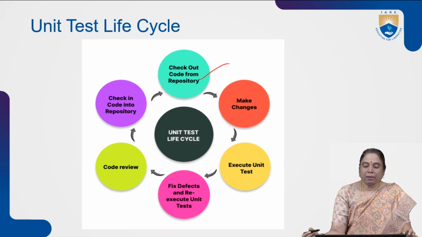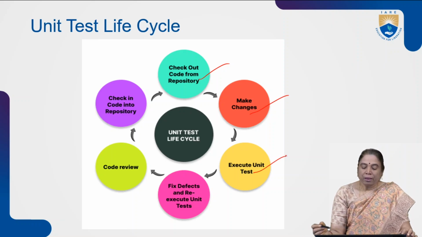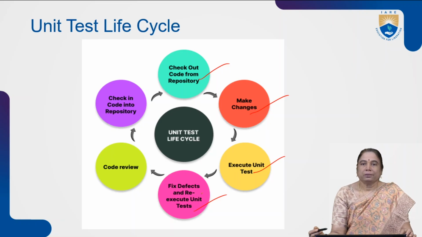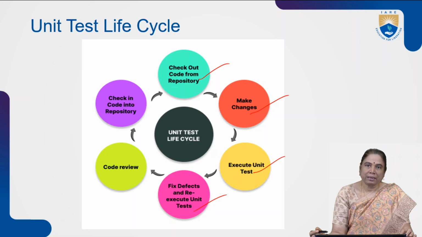And if any changes are required, those changes can be updated, then execute the unit test and fix defects that are found through the unit test. So here the test cases are designed which will reflect the expected output, and after the code is executed, the actual output can be received.